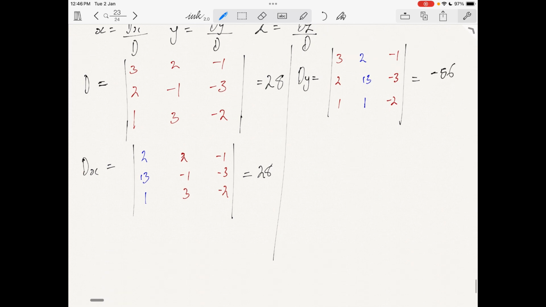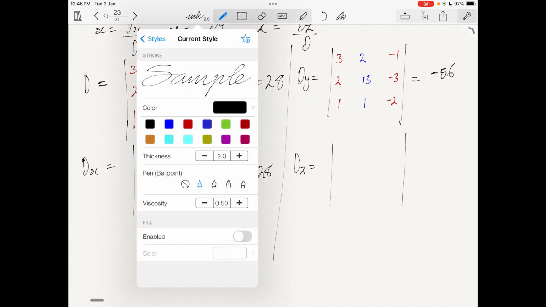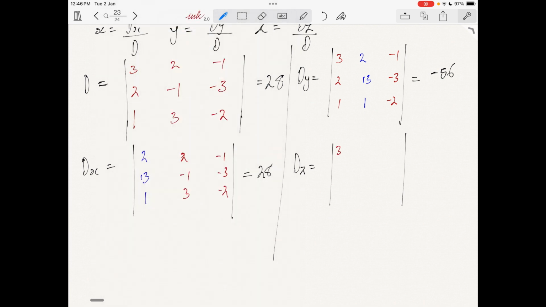And if it goes to dz, we will write what we've done in dx and dy: 3, 2, minus 1, 2, minus 1, minus 3, 1, 3, minus 2.